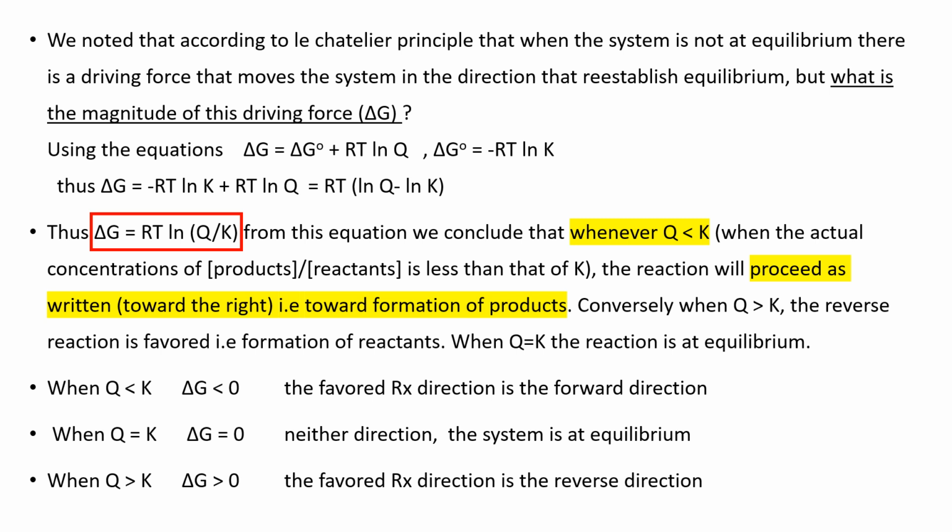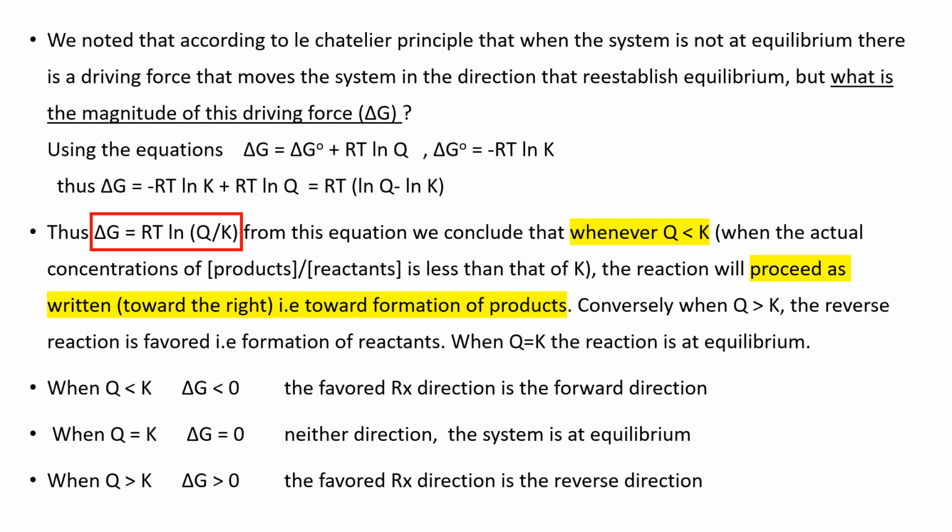this equation that is stated here, delta G equals delta G node plus RT ln Q, and using the second equation, which is delta G node equals minus RT ln K, when we substitute the delta G node with the term minus RT ln K, we will derive this equation, which is delta G equals RT ln Q over K, where Q is the actual ratio of products to reactants, divided by K, which is the equilibrium ratio of the products and reactants.